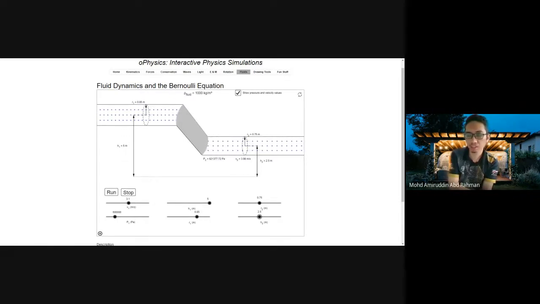What happens when you increase the density of the fluid used? And also number 8: if you do this experiment on the moon, do you still obtain similar pressure and velocity as on the Earth? Those are the two questions that do not use the simulation, but you need to think about them.